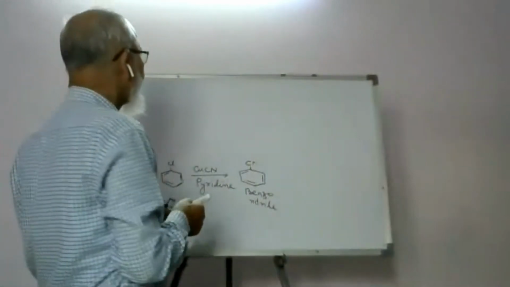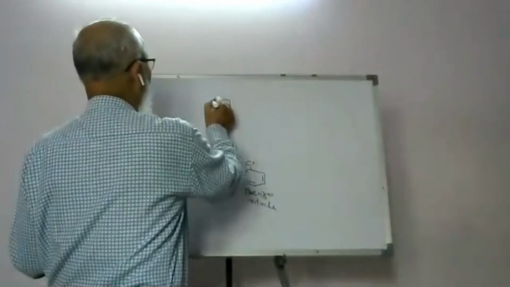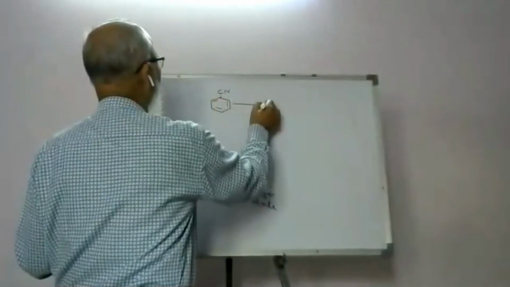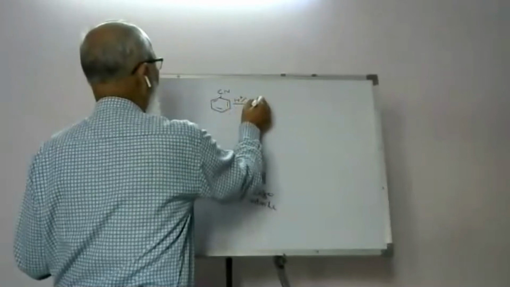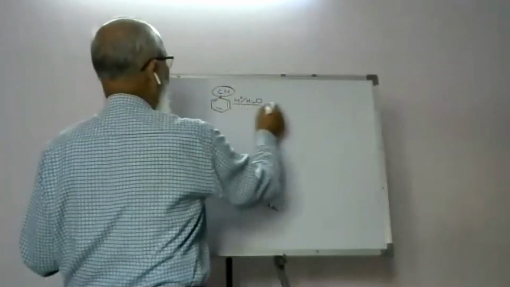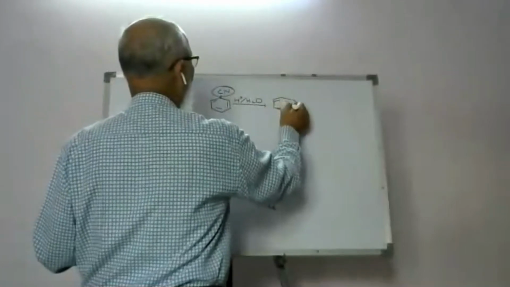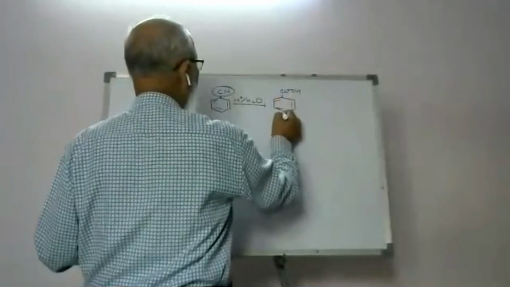As for example, if this benzonitrile is hydrolyzed in presence of acid, this CN group gets converted into COOH group. This is your benzoic acid.